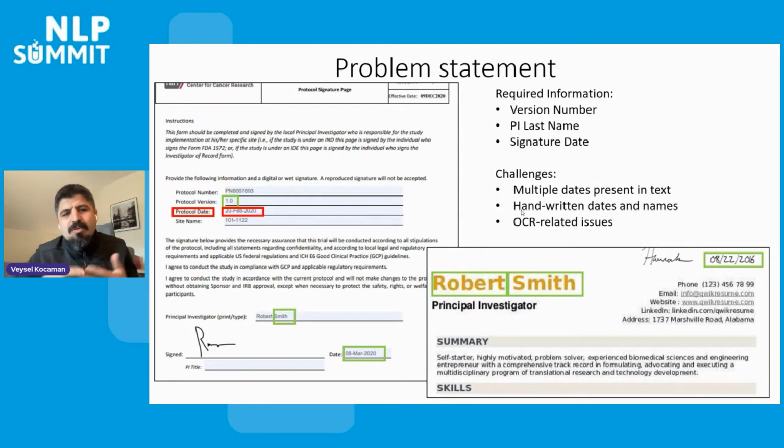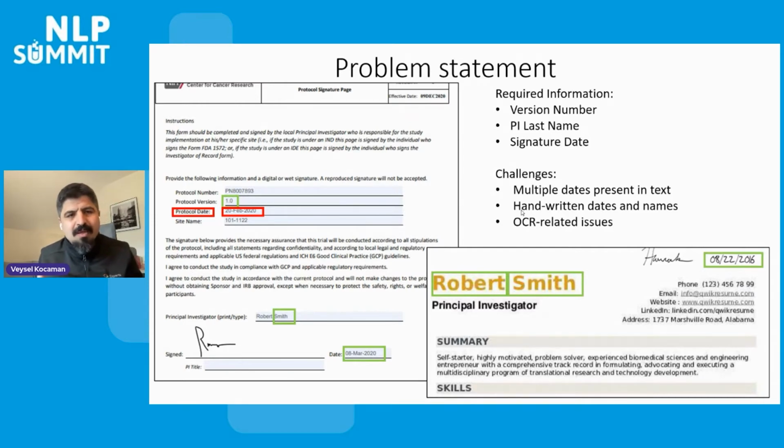Since all these documents are starting from PDF, we all need to start from OCR, right? So we need to extract these attributes from PDF to image and image to text at first, so that we would be able to process with downstream NLP task.